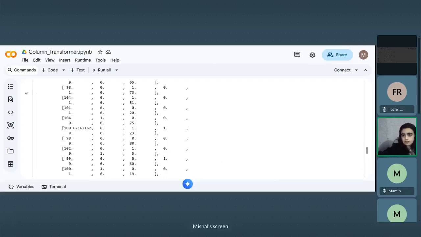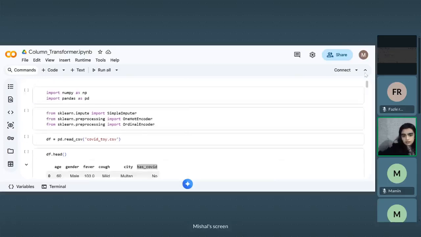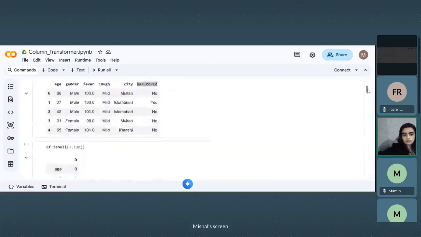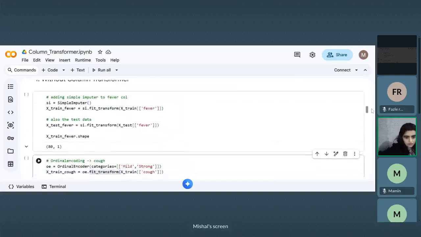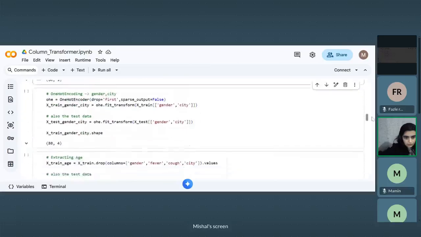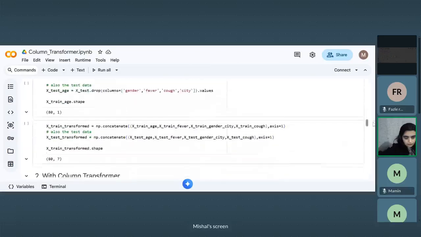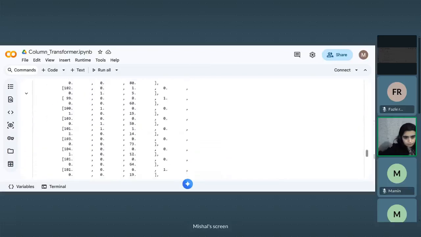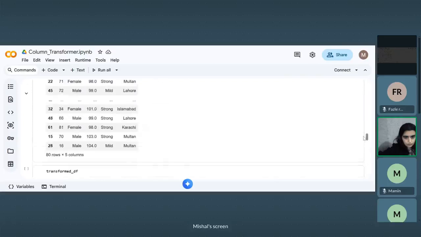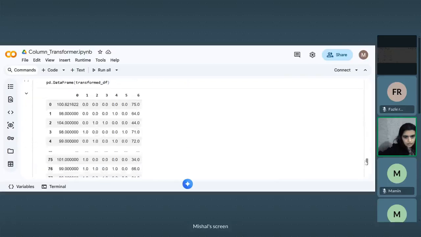For label encoder, the process is the same. We will import label encoder for that one. I will see where I have imported label encoder to do the conversion for has COVID.